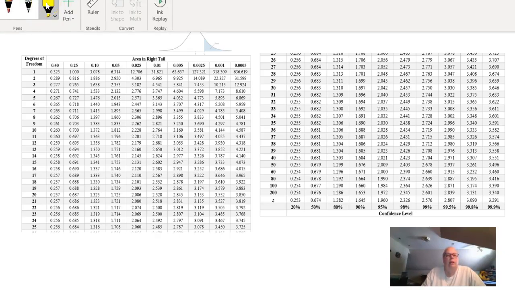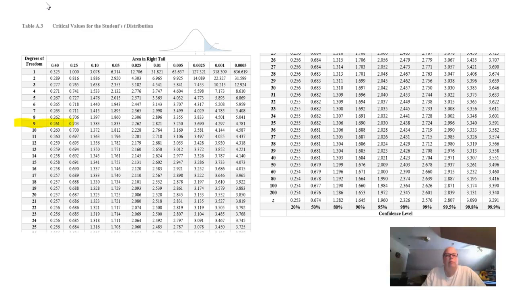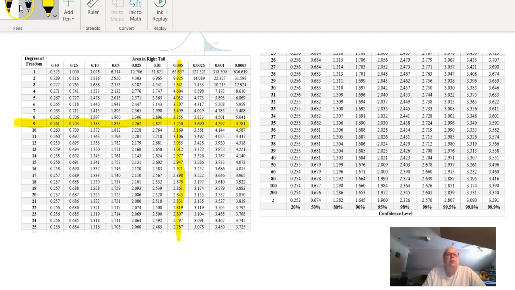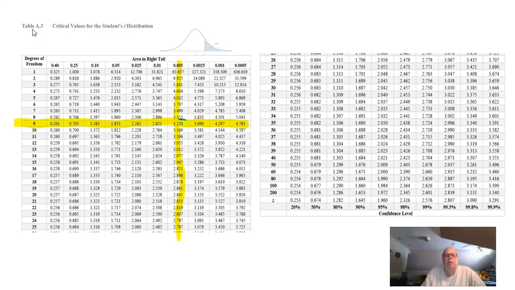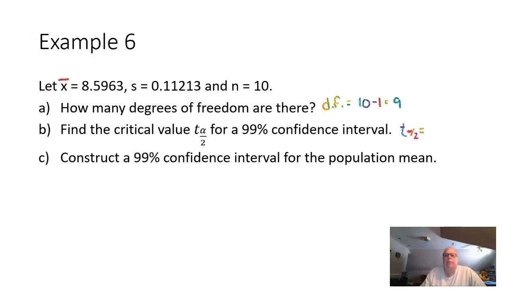Line 9 is right here. And 99%, that was the fourth one from the right. So that's right here. And that means the t value we want is 3.250.